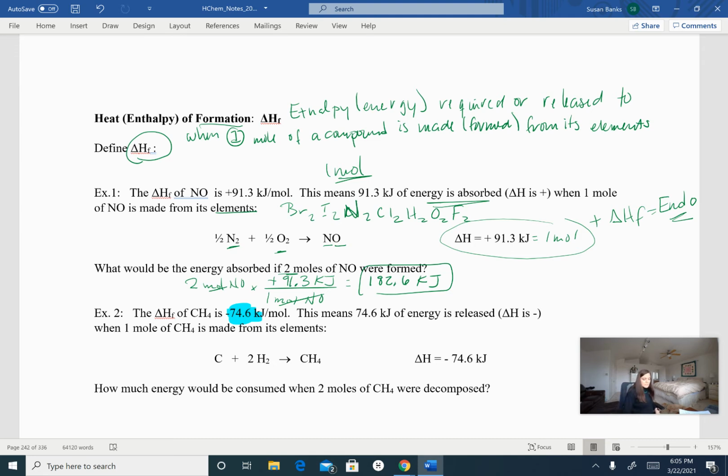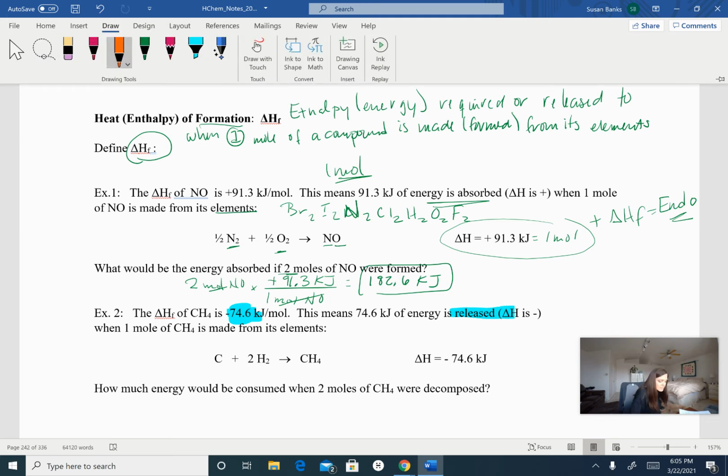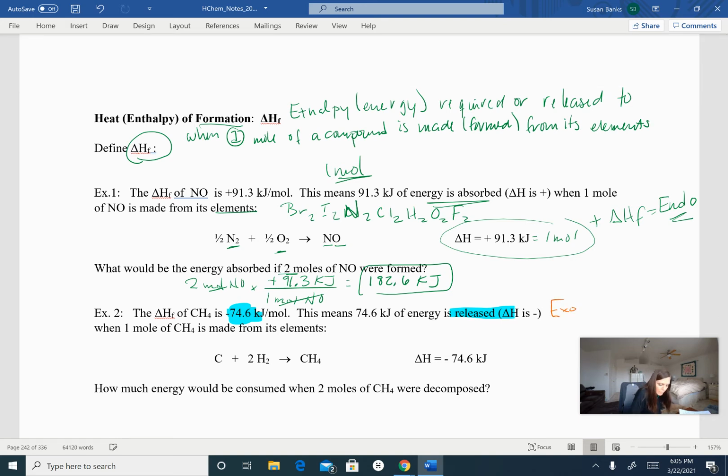So that means 74.6 kilojoules of energy is released. And if it's released, we have a, did you guess it? Exothermic reaction. So if I have a negative heat of formation value, I have an exothermic reaction.